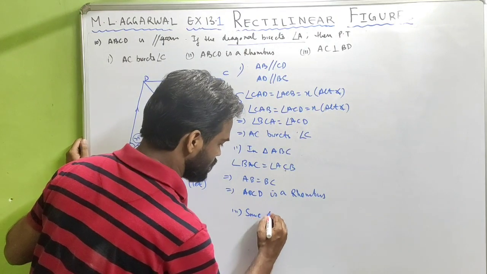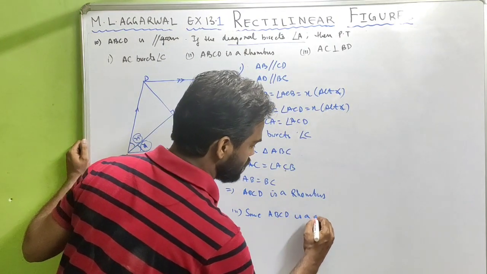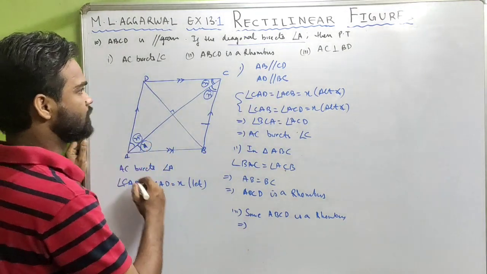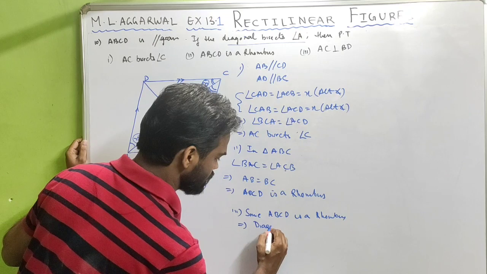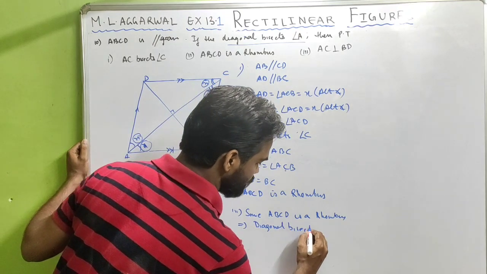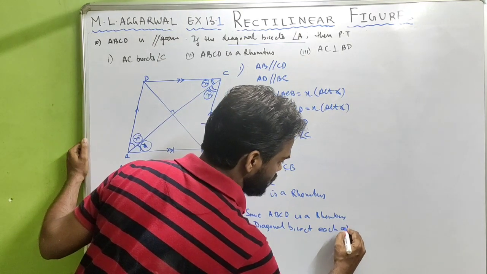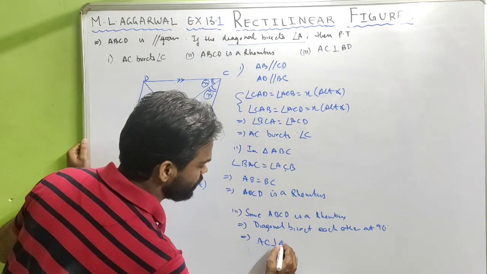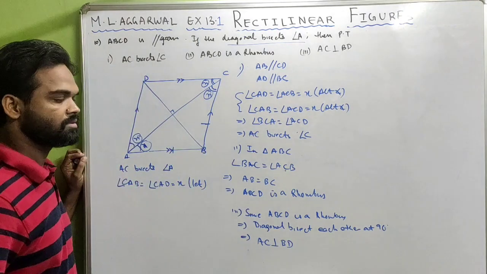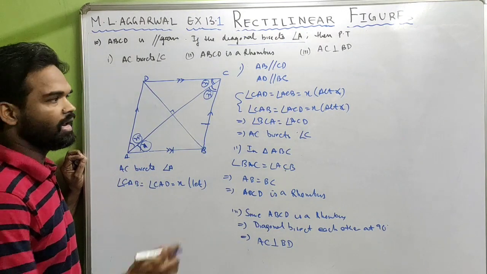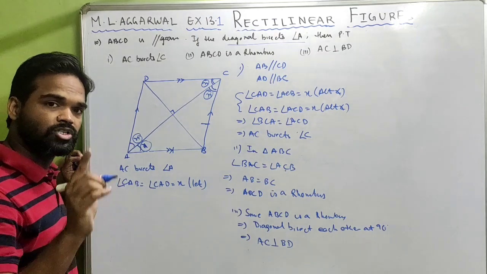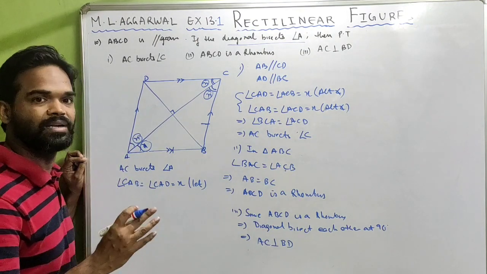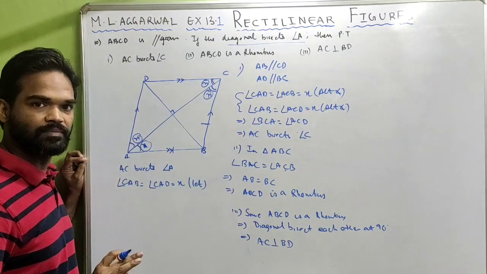Since ABCD is a rhombus, it simply implies diagonals bisect each other at 90 degrees, which means AC will be perpendicular to BD, the diagonals. Done. And how this came 90 degrees, I've already shown in the previous video, when I was explaining the properties, how this became 90 degrees.